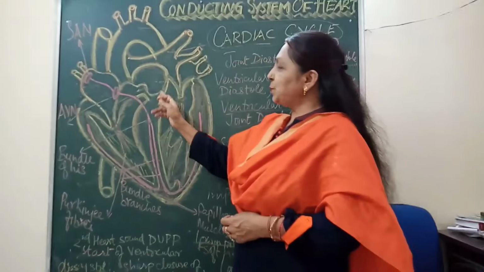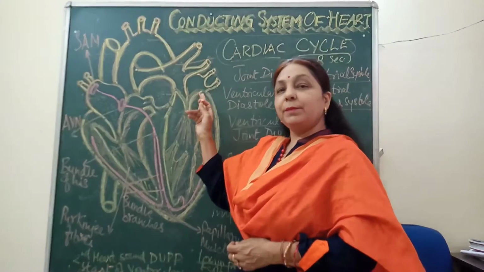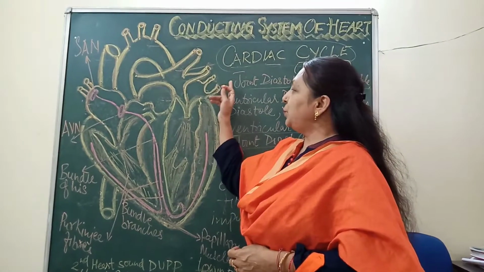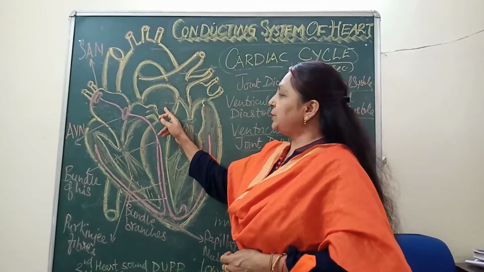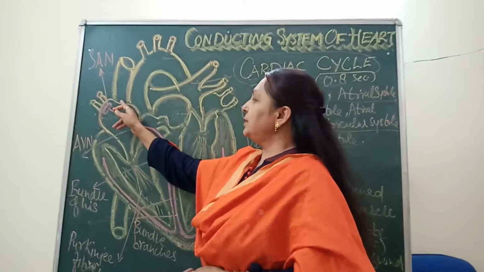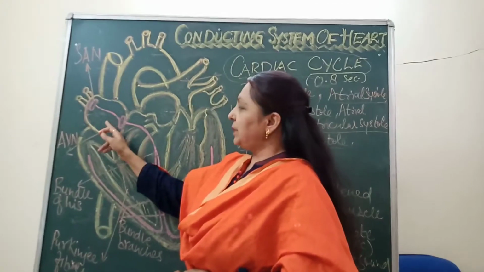I had already explained that the pulmonary veins are the exception, because veins usually carry impure blood, but the pulmonary veins bring pure blood from the lungs and throw it into the left auricle. At the same time, the vena cava, the superior vena cava, brings deoxygenated blood to the right auricle.